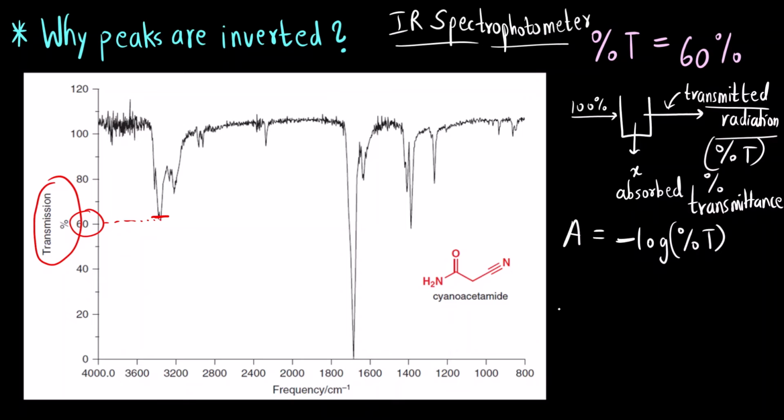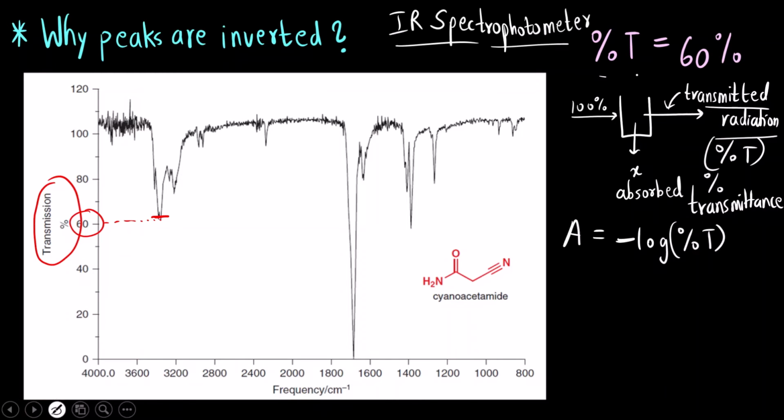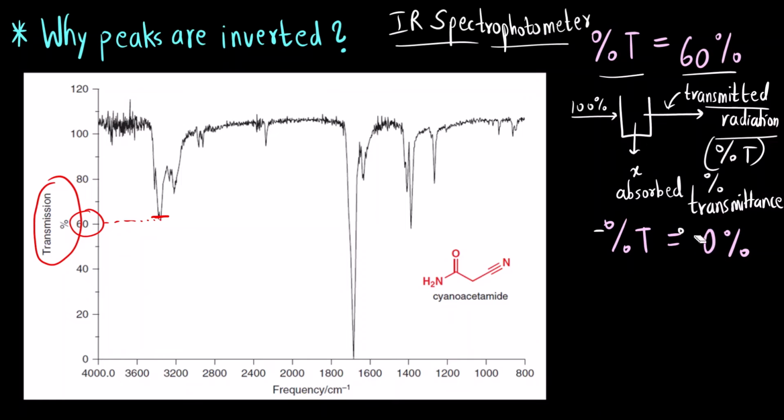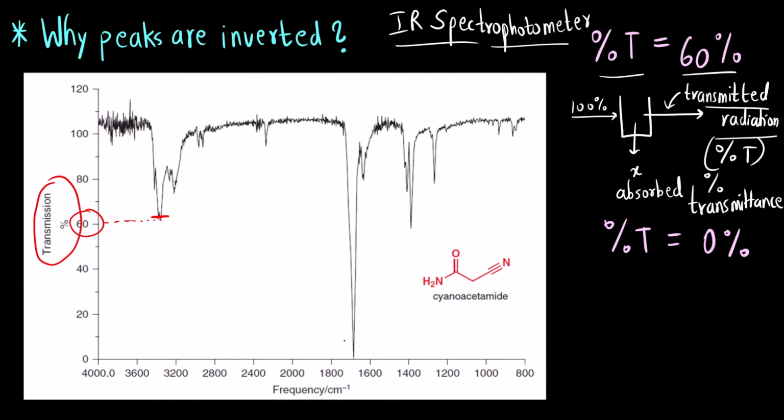I'll give you one exercise. One is this percentage transmittance of 60%, and another is a percentage transmittance of 0. As you can see here, for this peak at 1700 for the carbonyl group, it is approximately 0.